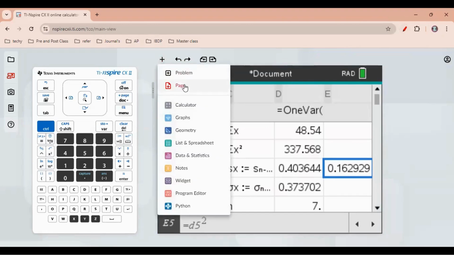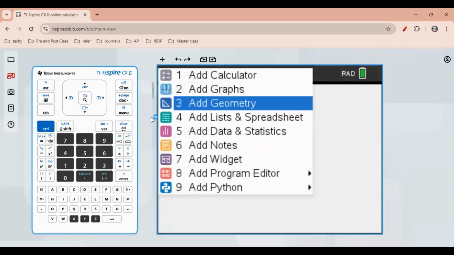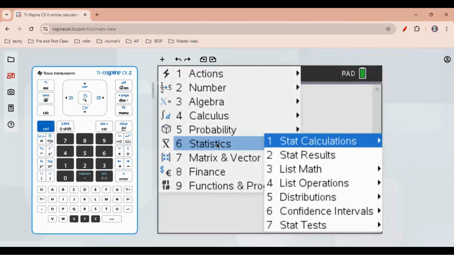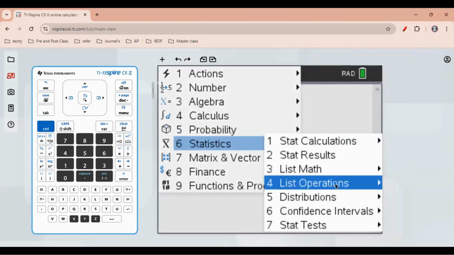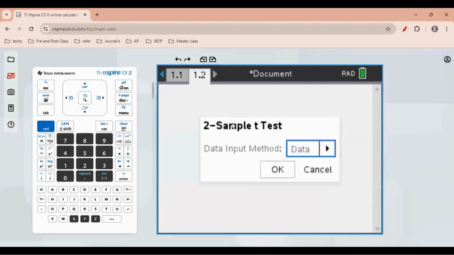Okay, take a new page. And we need to perform a test. Okay. Add a calculator. Stat calculation result test. And 2 sample t-test is what we're going to do. And the data input method is stats. We don't have the data.